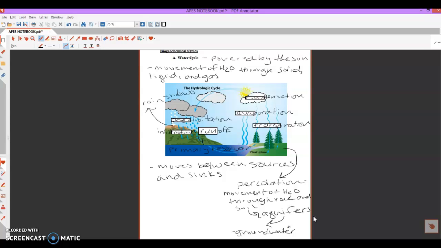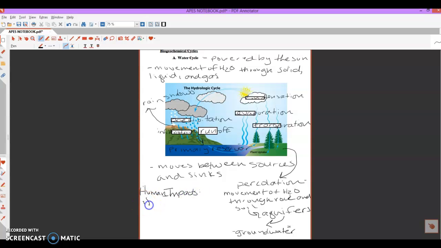Okay, now another thing that is important for us to understand is what are the human impacts on this? How do humans impact or change how the water cycle works? So there are two human impacts on the water cycle.